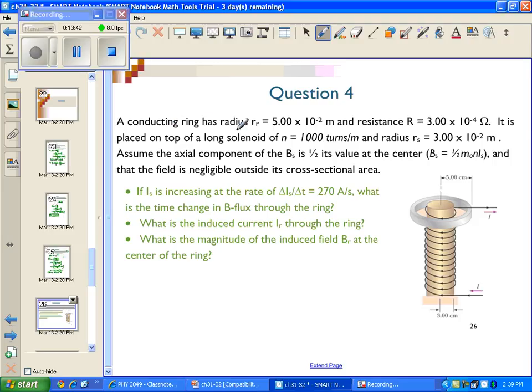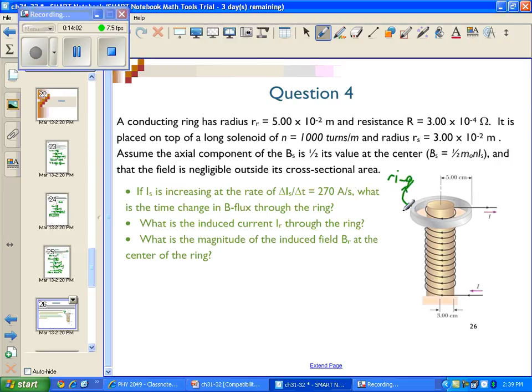We are told that a conducting ring with a radius of 5 e to the minus 2 meters, that's this thing right here, this is our ring, has a resistance R, which is 3 e to the minus 4 ohms.